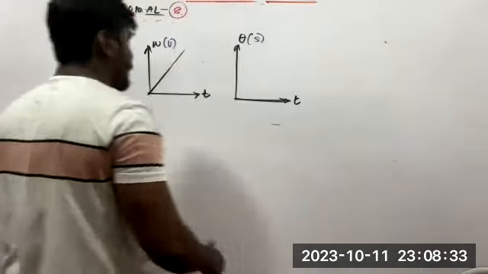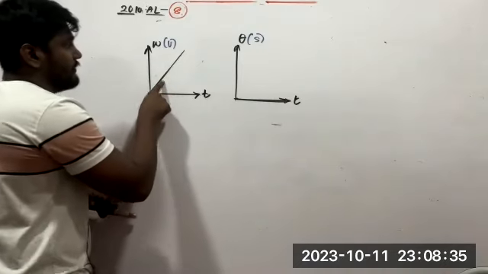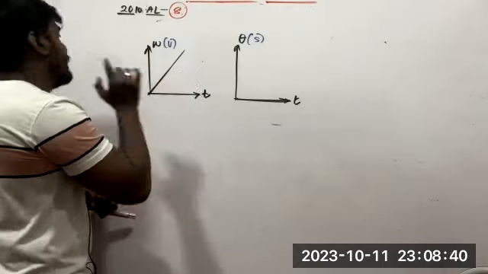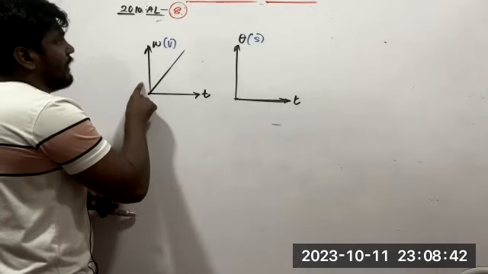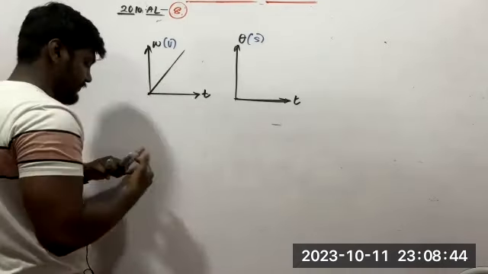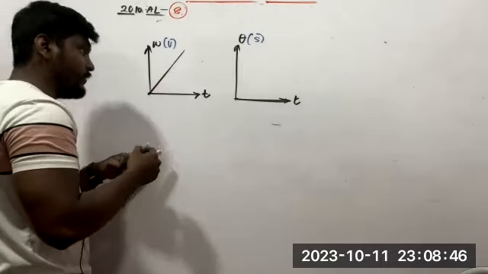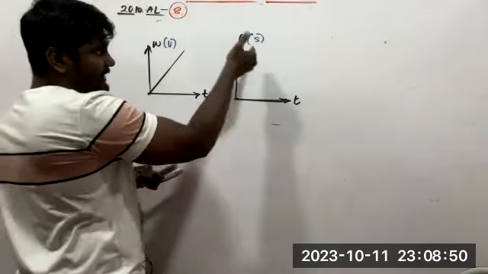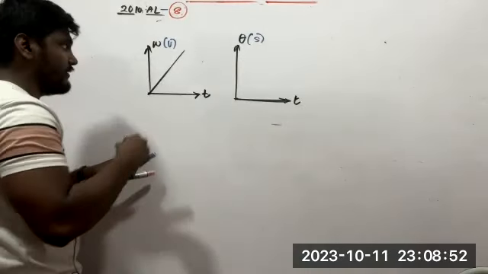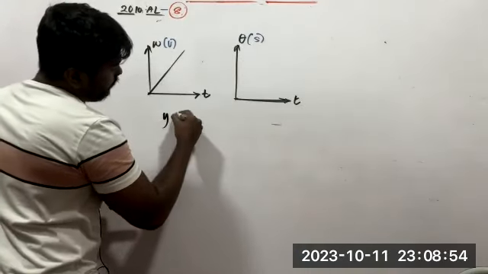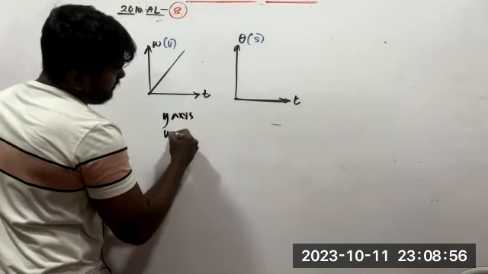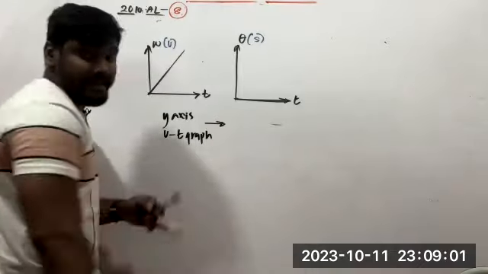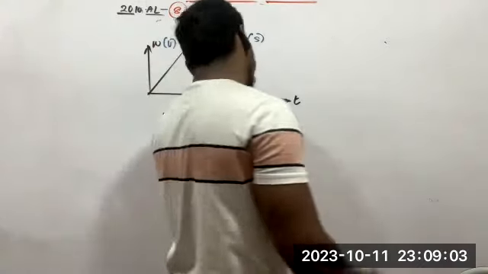Now, in the Vt graph, look at what happens to the y-axis. What happens to the y-axis in the Vt graph should happen to the gradient in the St graph.